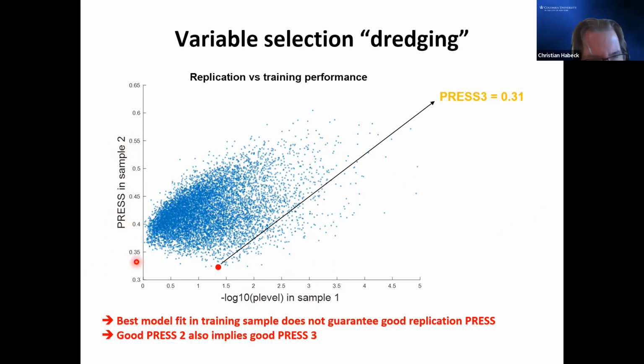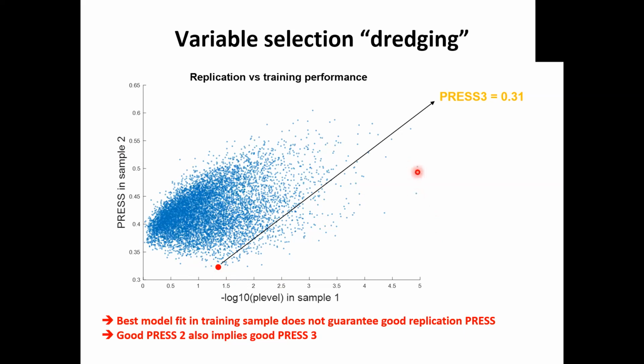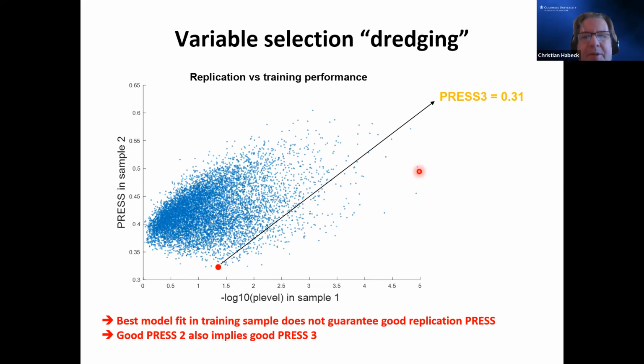And you can see here that whatever gives you good residuals doesn't have the best model fit in the training sample, right? So if you were to take the best fit in the training sample, which would be somewhere here, right? These two points here would give you the best fitting model in the training sample. You would not get something that works very well in the held out data, right?